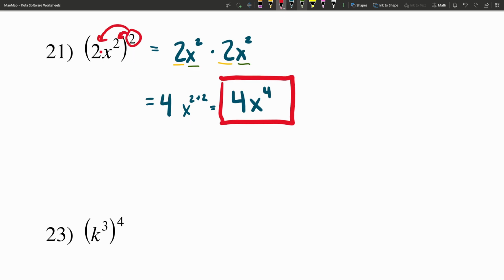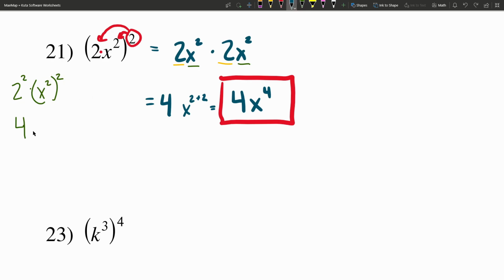So this could also have been rewritten as 2 squared times x squared squared. 2 squared, well, we know that that's going to give us 4, but what is x squared squared? When we have an exponent and we're raising it to another exponent, they don't get added, they actually get multiplied together.